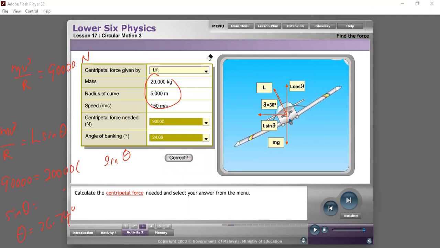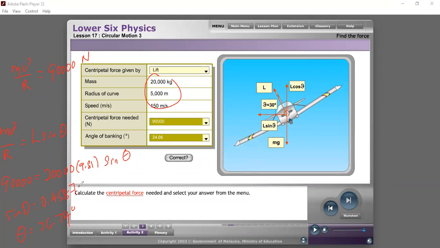Now if I use 9.81, that means 90,000 divided by 20,000, divided by 9.81. I get 0.45 at 7.